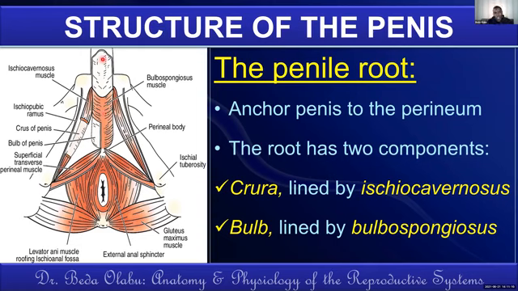For that reason, the muscle that lines the bulb of the penis is known as bulbospongiosus. So the whole of this is the bulb of the penis, and that muscle is bulbospongiosus. That is the penile root. It holds the penis to the perineum.